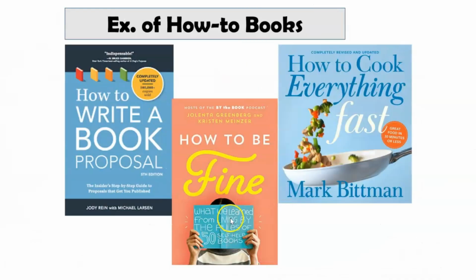And the last example of informative text is how-to books. These give us a procedural guide on how to do something, how to write a book proposal, how to cook everything fast.